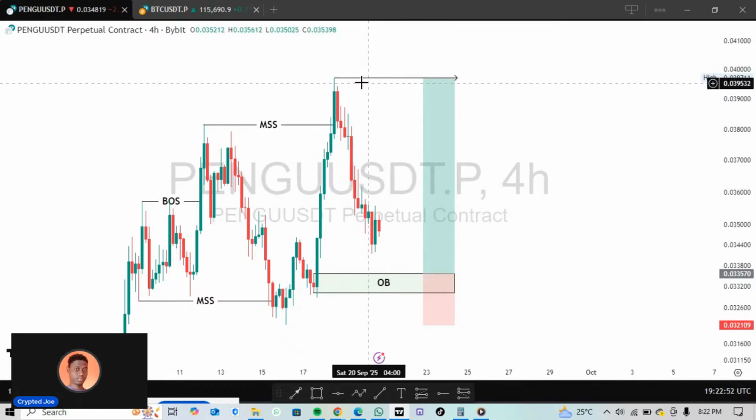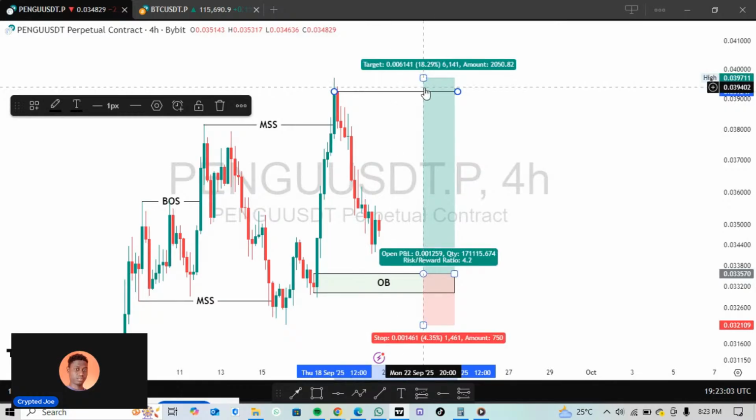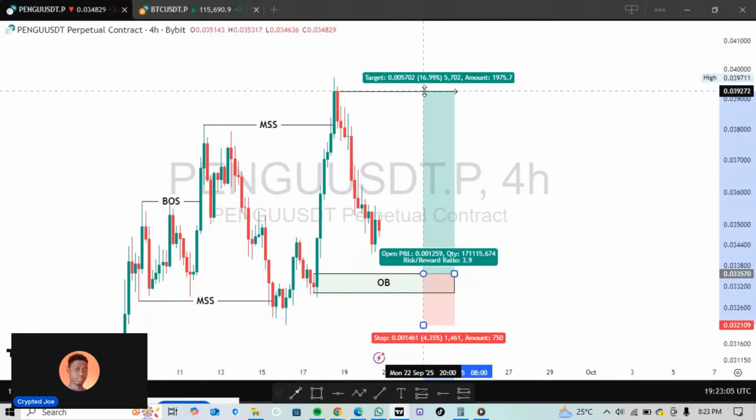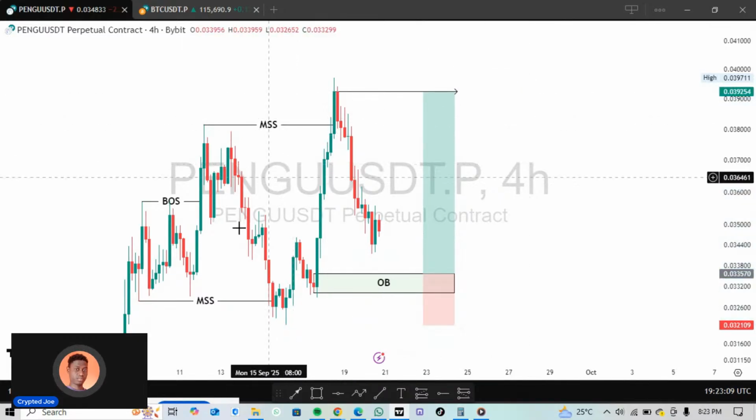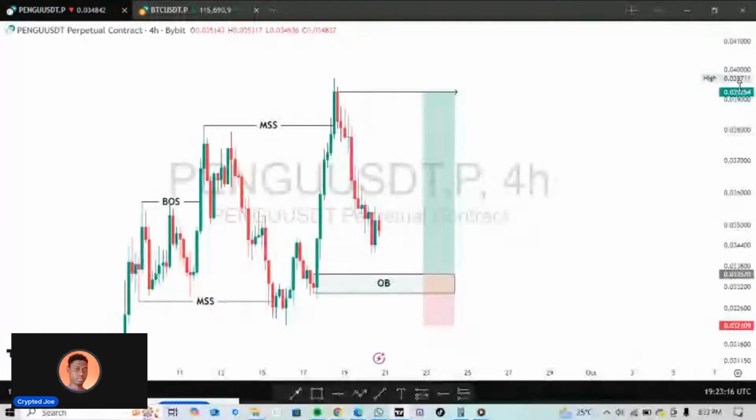Let me adjust this so that you understand what I'm trying to do. Our main focus today is not about how to do technical analysis, so I won't be explaining anything on the chart. Our main focus is these three digits here.